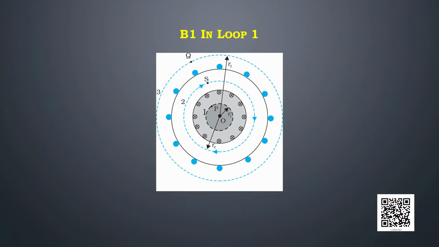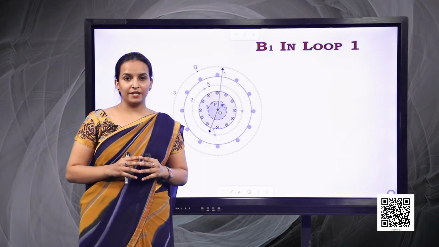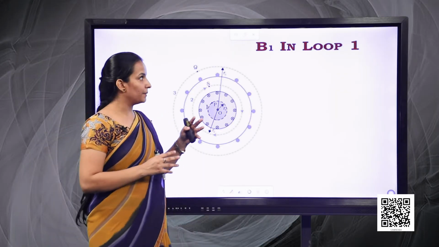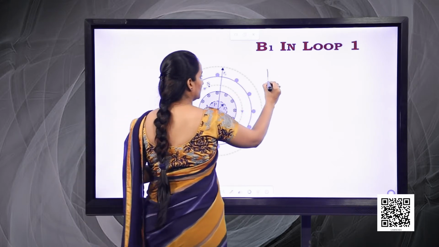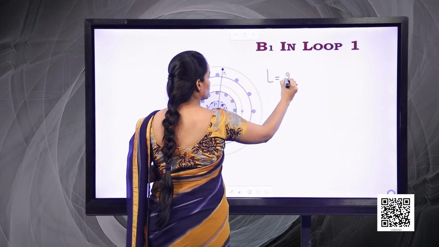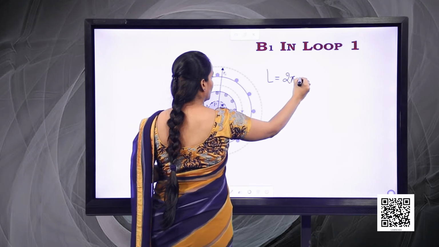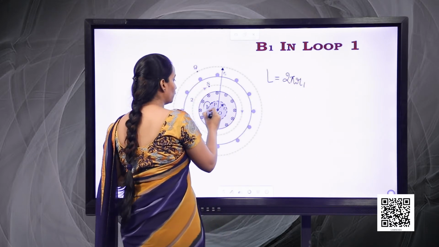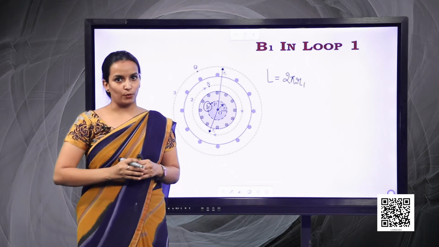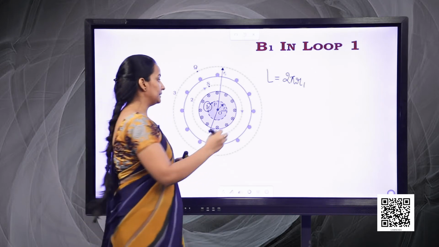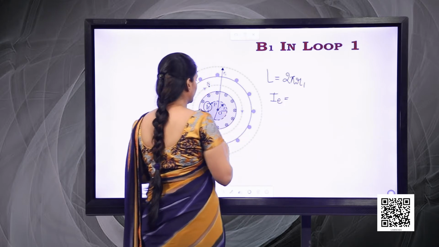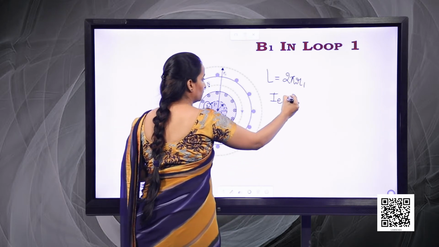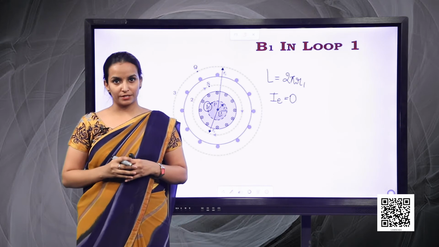Starting from loop 1, let the magnetic field along loop 1 be B1, and L is given by the circumference of the circle, which is 2 pi r1, because for loop 1 the radius is r1, and the current enclosed by this loop 1 is 0, because no current is flowing through it.